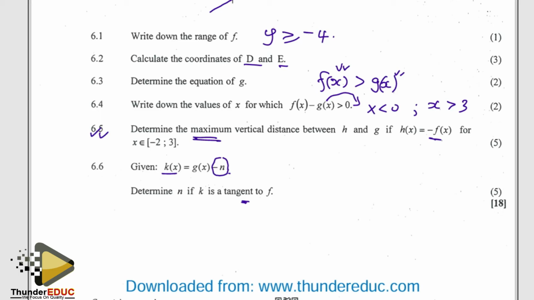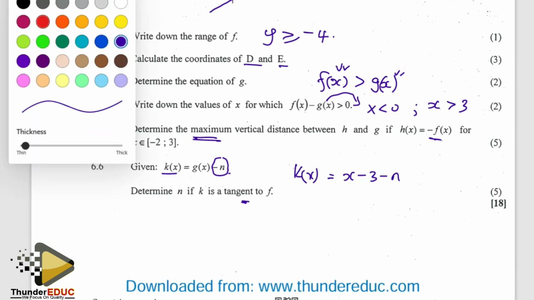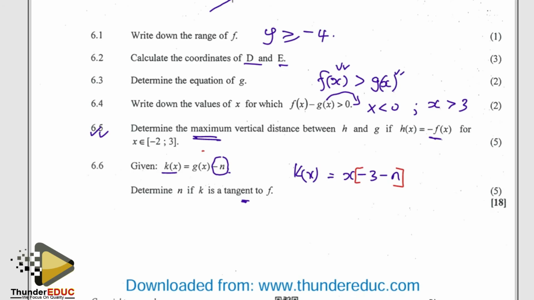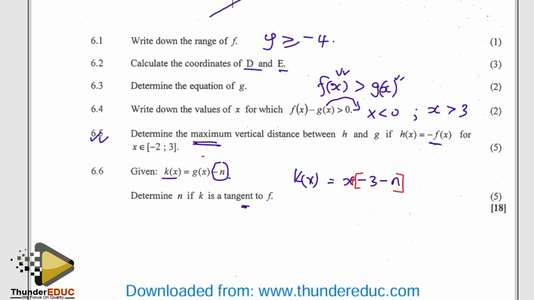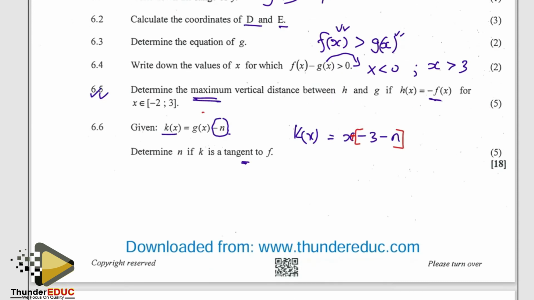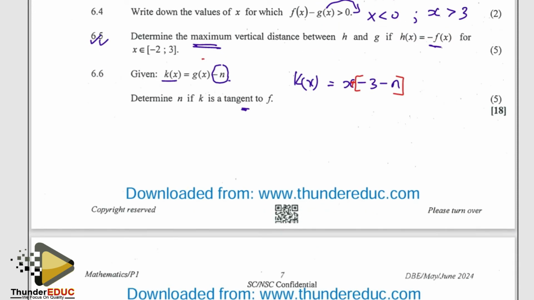So my thought, by looking at this, I decided to replace g of x with what we have. We said x minus 3, now minus n. So the whole of this is going to represent my intercept, to represent the shift, the change, and all of that.